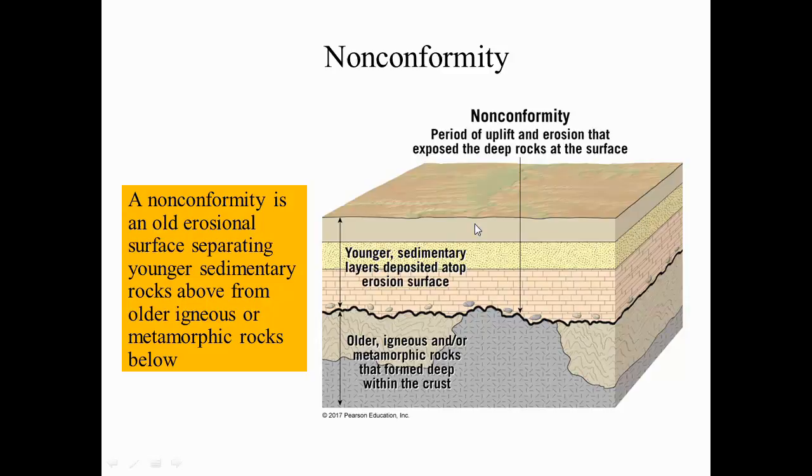Above we have horizontally layered sedimentary rocks like this limestone unit represented by the brick pattern, and above that we have a sandstone unit represented by the stippled pattern, and then finally a shale layer that's color-coded gray at the top.